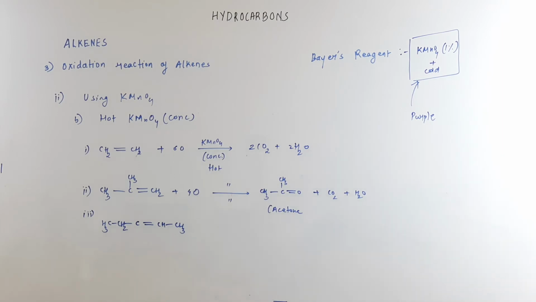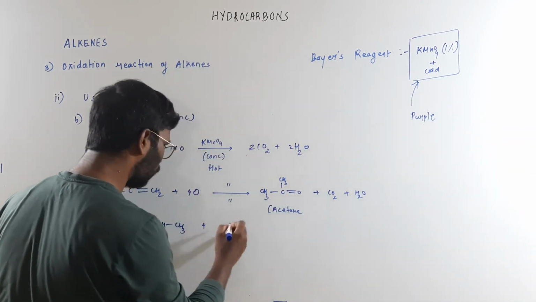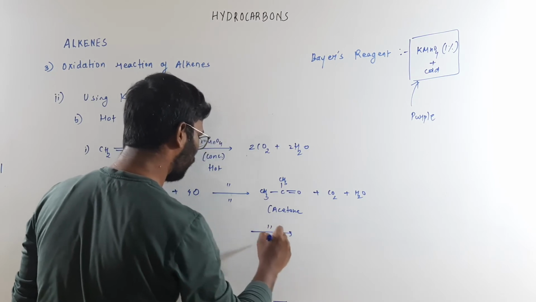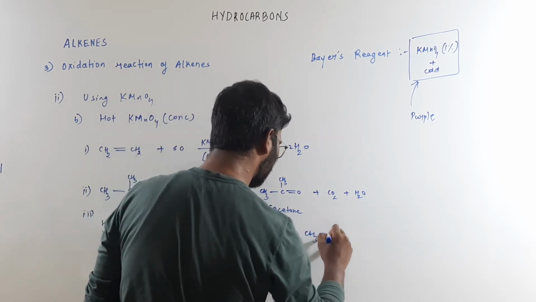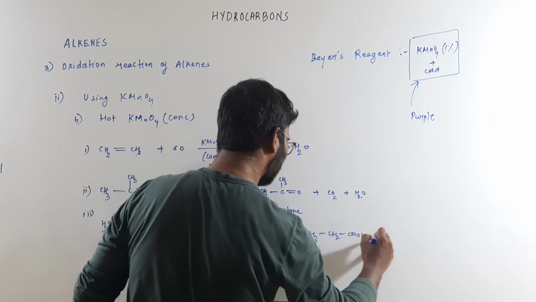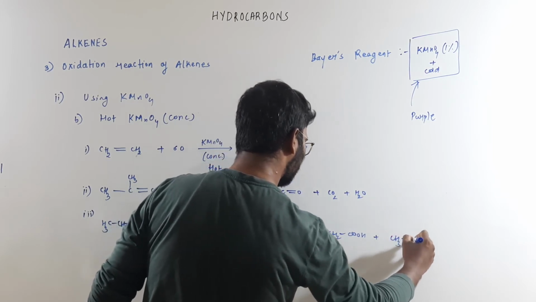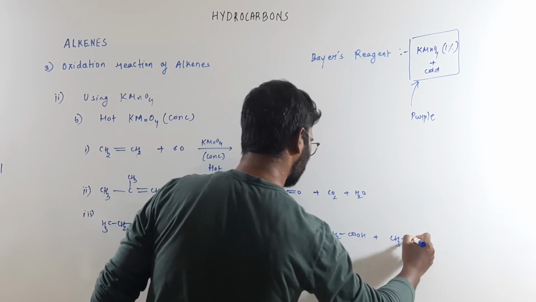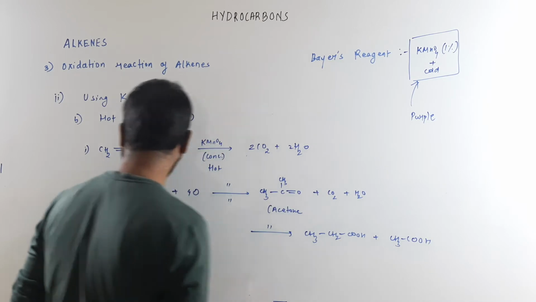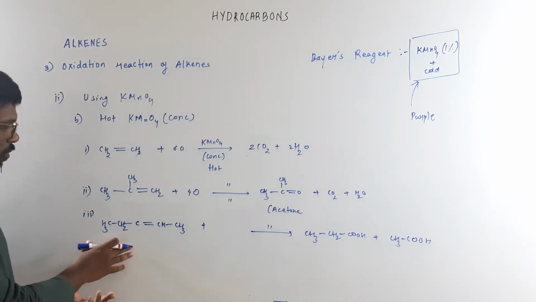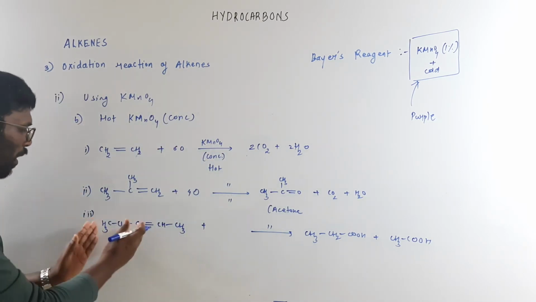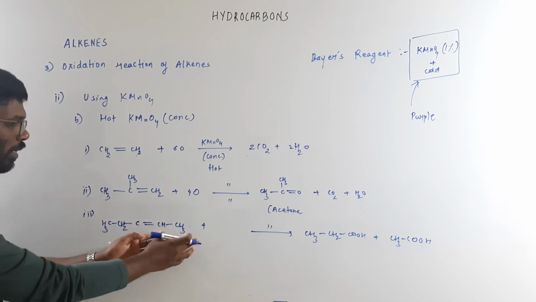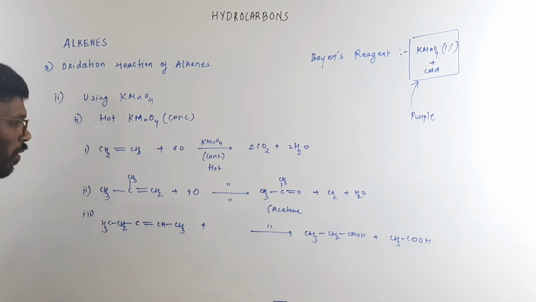If that is the case, what we get over here is propanoic acid, COOH. So it depends upon the alkylation, right? Here this part will get oxidized to the carboxylic acid, and this is the other part which is also getting oxidized to the carboxylic acid.